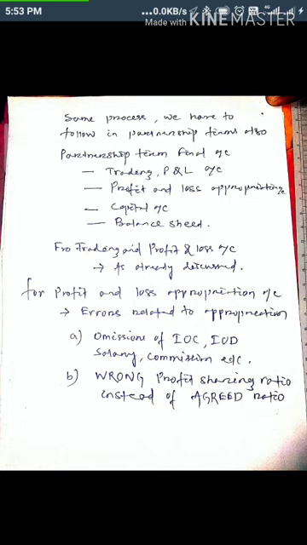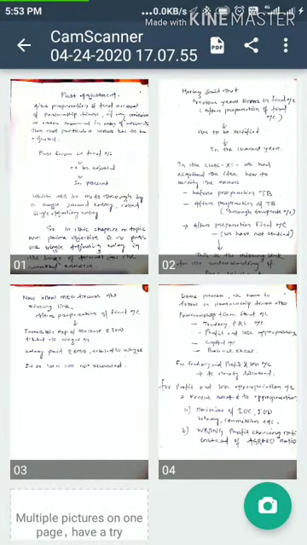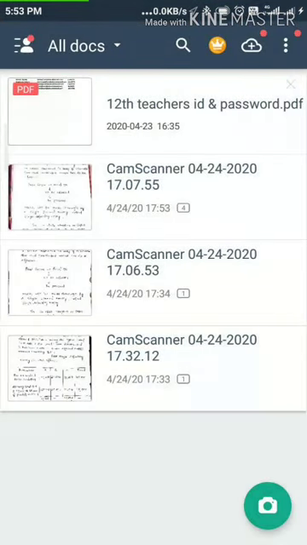That part they have done perfectly, but the appropriation part they have not done perfectly. So in that situation our job is very easy. I will show you one slide here, and we'll get an idea.